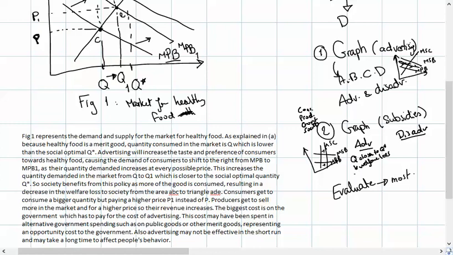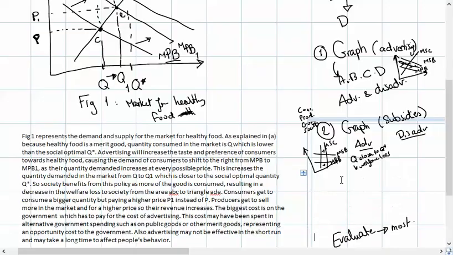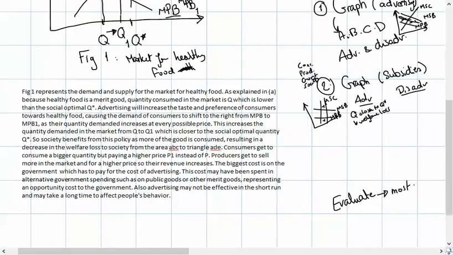What else is the advantage? Let me have more space. So this is the advantage to society. To consumers, they spend less, the price is lower, and the quantity they buy is higher.